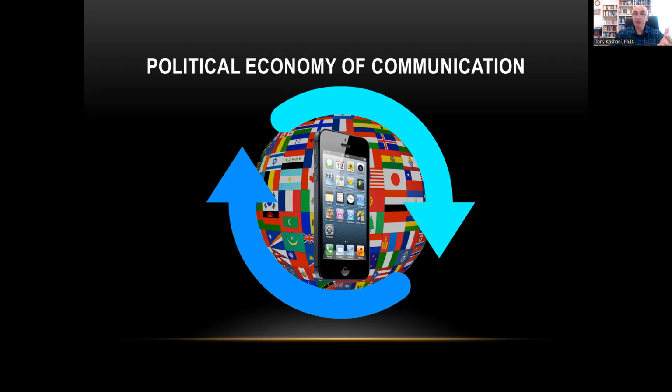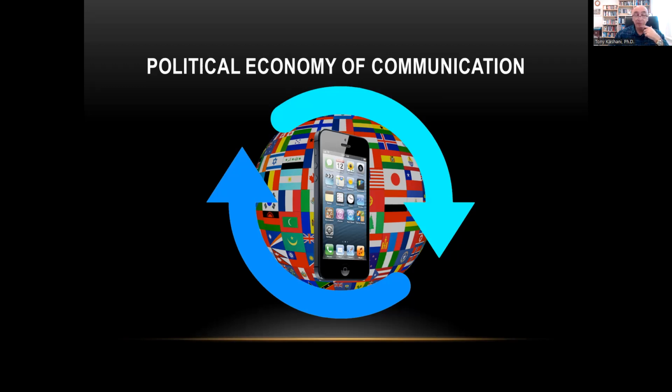So it's part of the critique that people who employ PEC, political economy of communication, must incorporate intersectionality into their work. And I personally tend to agree with that, and there are others who may not.